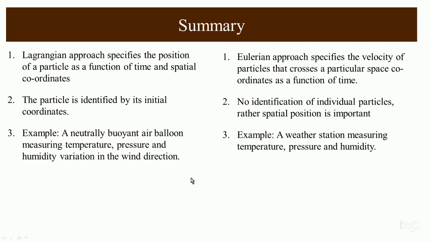We know these two are relatable: from Eulerian you can get Lagrangian. So this is the difference between Eulerian and Lagrangian. This forms the basis of the whole study of fluid mechanics, so this is very important.